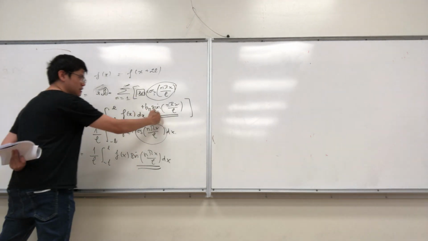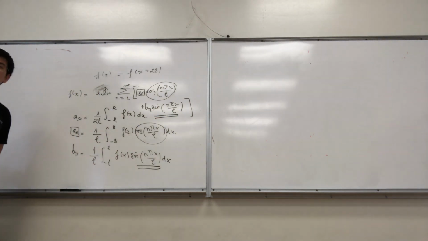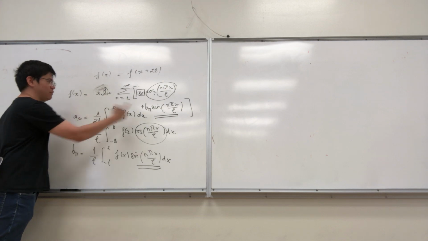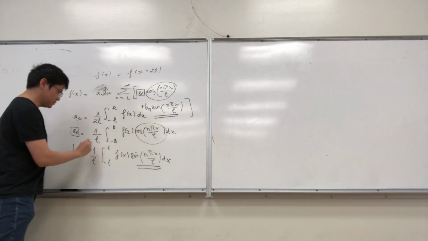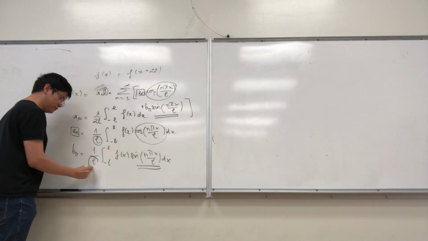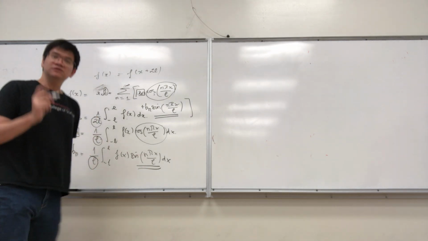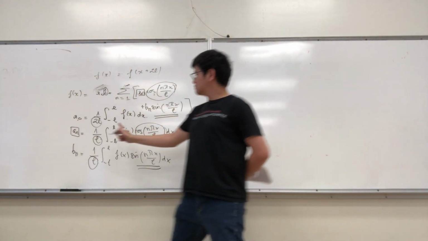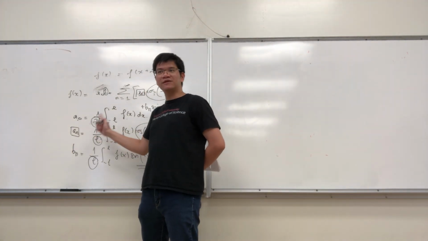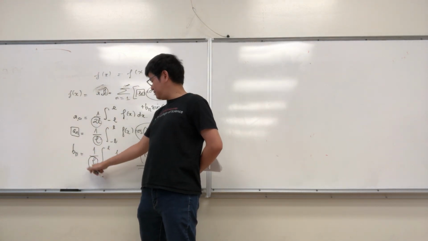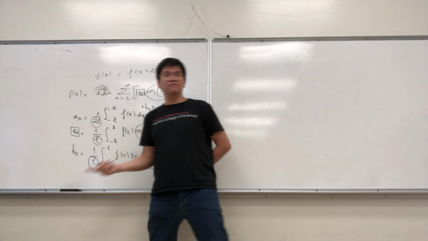So bn is the coefficient of the sine. You just have to take the inner product of f with this function. And of course, you have to remember that here you have L, but here you have 2L. So there's a difference between a0 and an: for a0 you are dividing by 2L, and for an and bn you are dividing by L, right?